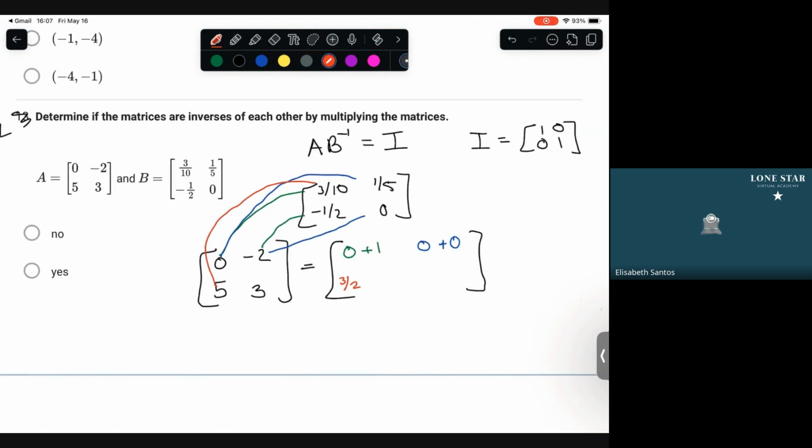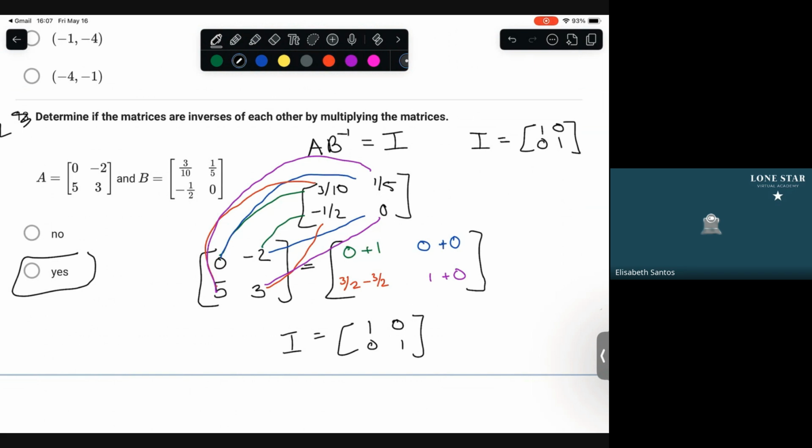And then 3 times negative is minus 3/2. And last, so 5 times 1/5 is 1. 3 times 0 is 0. We're left with 1, 0, 0, 1. So we do get the identity matrix, and so that answer is yes.